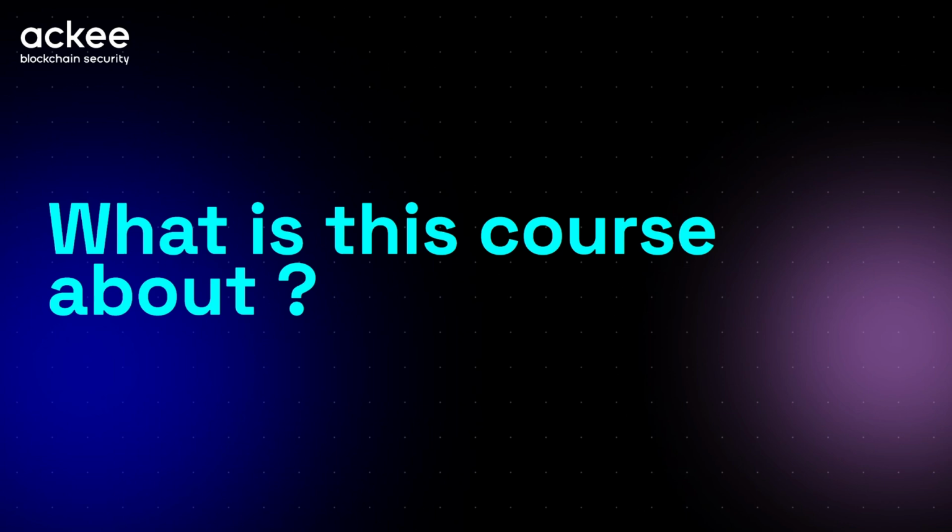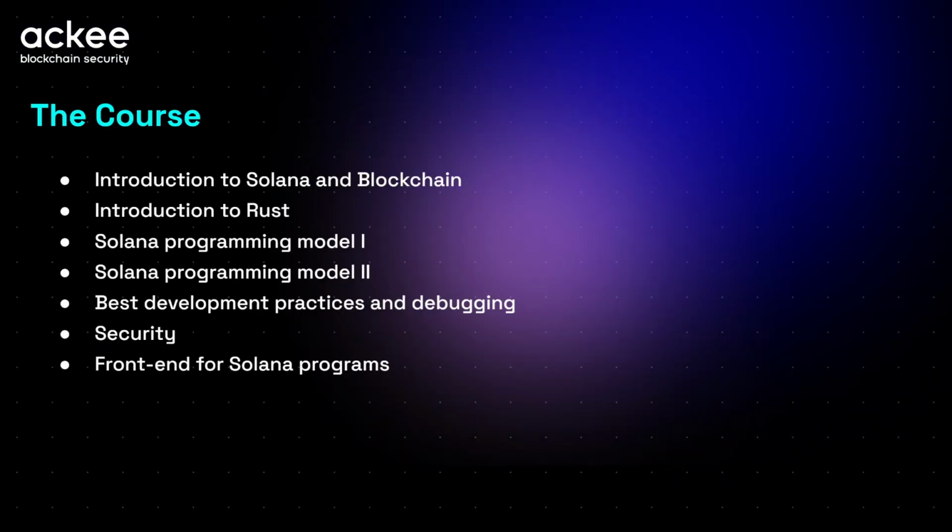So what is this course about? As I mentioned, we have plenty of lessons for you. It will start with the introduction to Solana and blockchain, that is the first week. Then you will learn how to create programs in Rust.